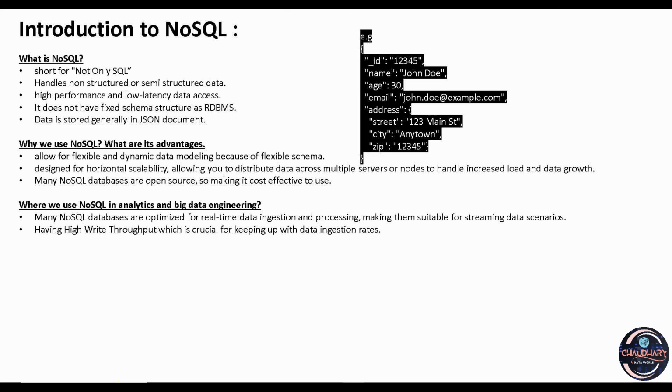To handle this large data, we should have NoSQL, because NoSQL has the capability to handle non-structured or semi-structured data, which is coming from your IoT device, from real-time scenarios, correct?